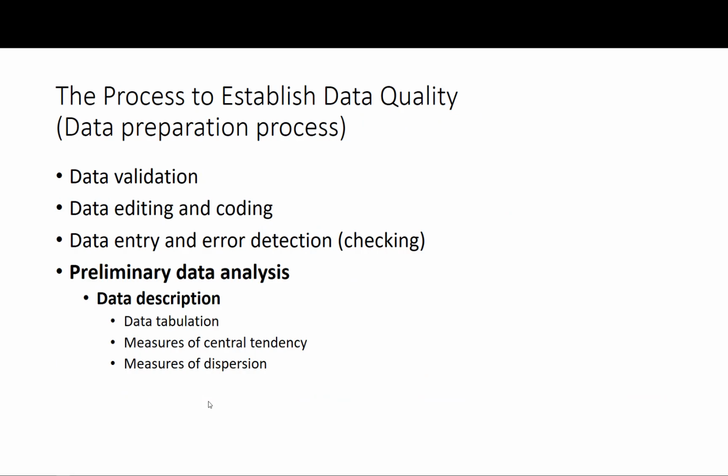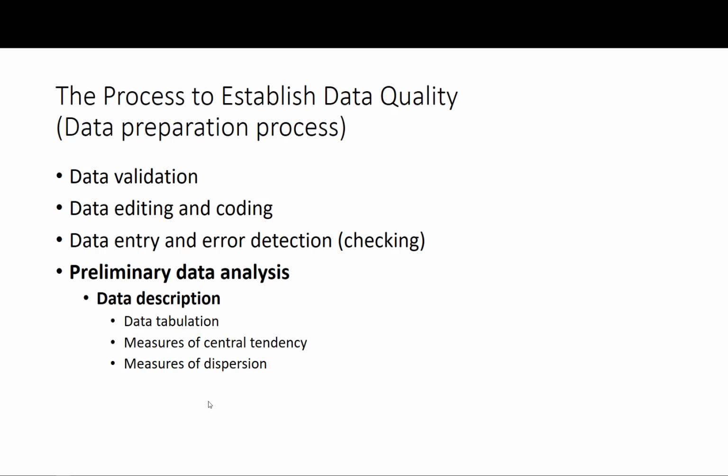Okay, finally, preliminary data analysis. So we're talking about data description here. Who is included in our sample? This gives indications of the representativeness of the sample versus the population, and gives us a sense of who it is we are doing the analysis on.